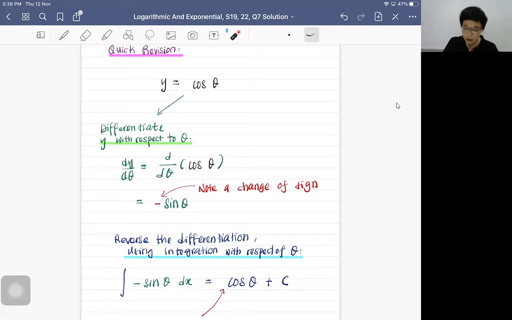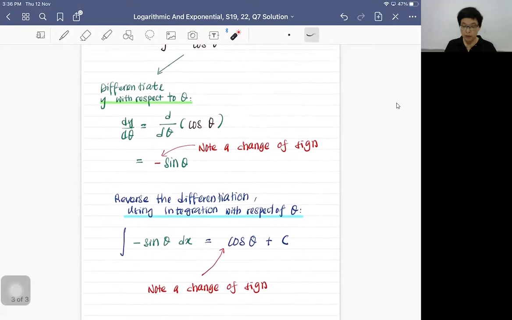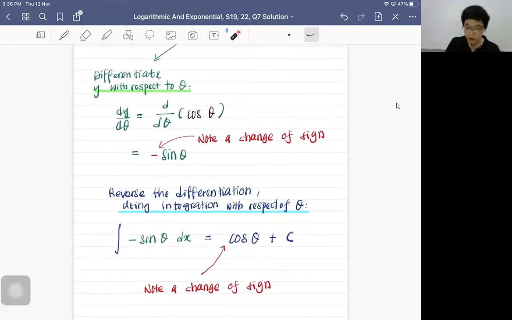Here, if we are given a function y equals cosine theta, and we differentiate y with respect to theta, from the formula for differentiating cosine, we get negative sine theta.